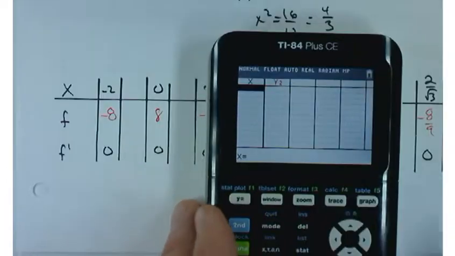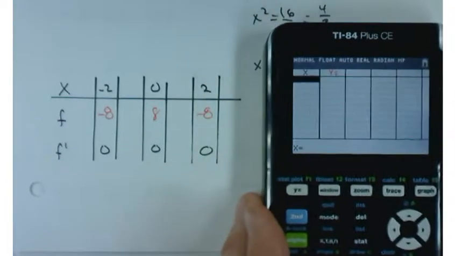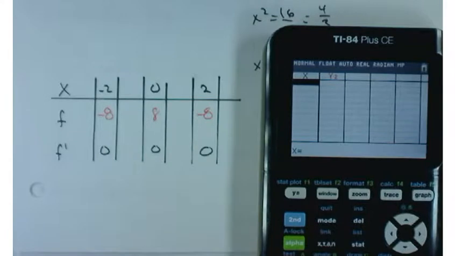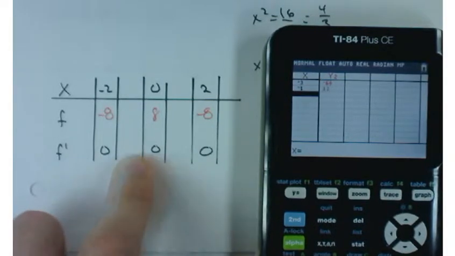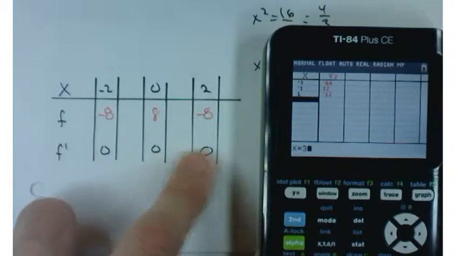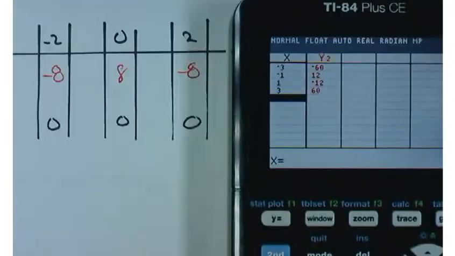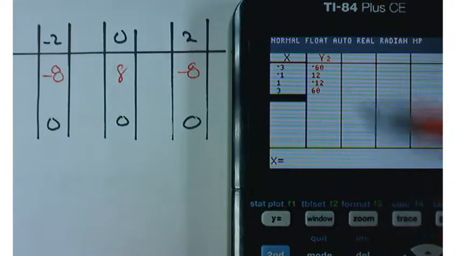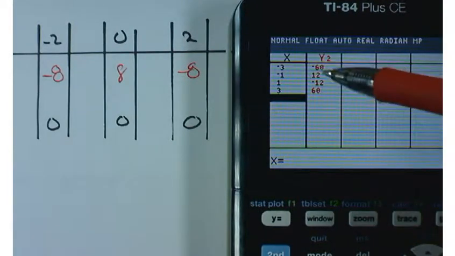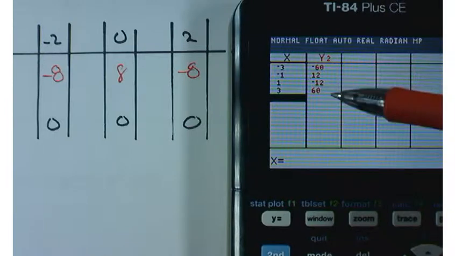I need to test some points. What would be some good test points? Negative 3, negative 1, 1, and 3. And the important information that I need here is right here, the signs. Negative, positive, negative, positive.